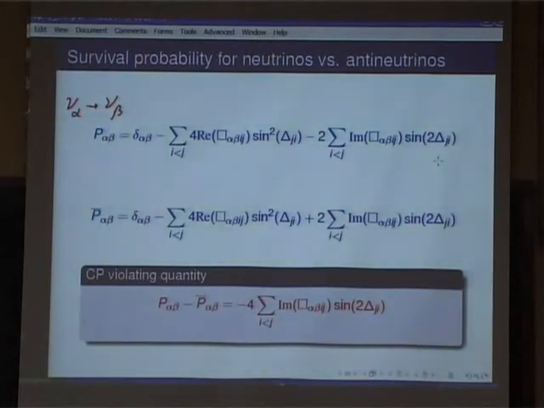This we always had written. Now we want to find out what happens when nu alpha bar goes to nu beta bar. We know what happens. This delta alpha beta will of course stay delta alpha beta because it doesn't change.